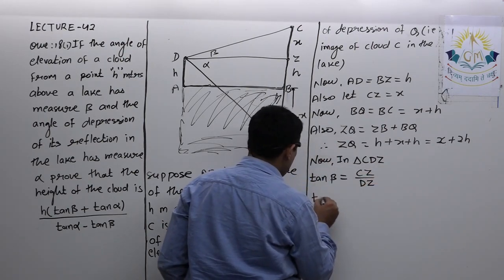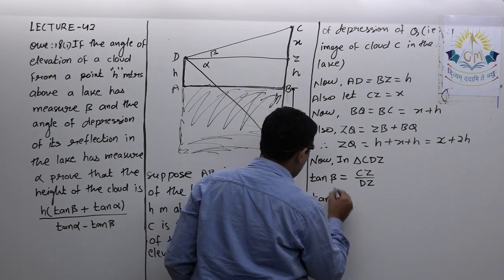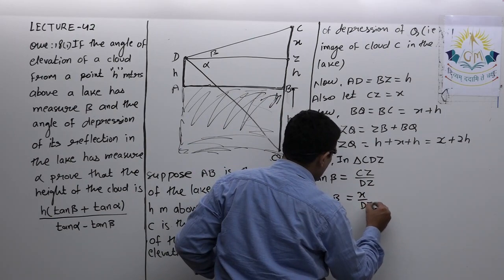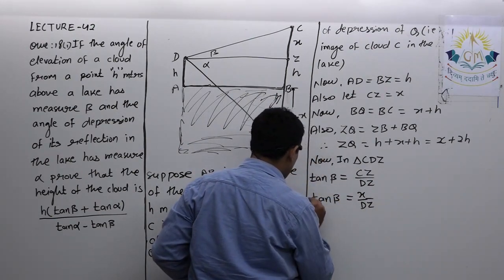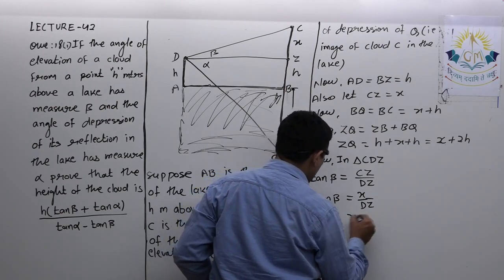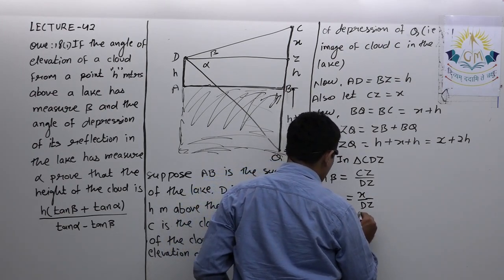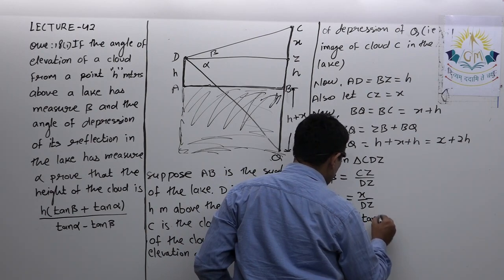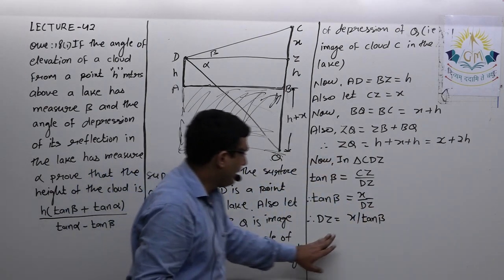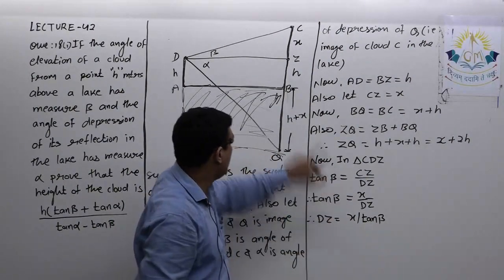Now CZ is X and DZ is DZ. So therefore DZ is equal to X upon tan beta. Here I am leaving this as it is, DZ.